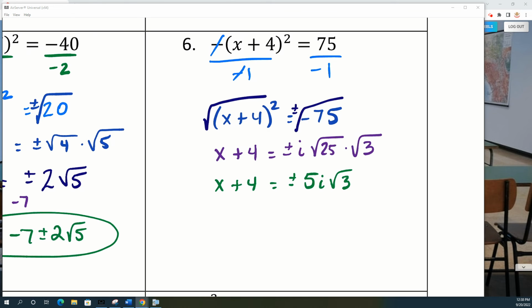All right, and then the square root of 25 is 5. And then we'll just move that 4 over. But when it moves over, it becomes negative. And it just goes right in front of the plus or minus.